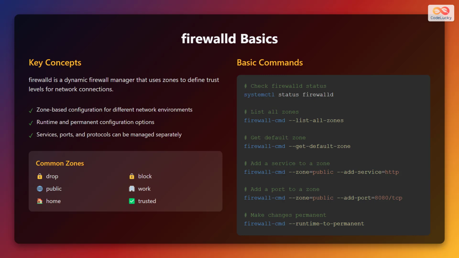To add a service to a zone, use firewall-cmd --zone=public --add-service=http. To add a port to a zone, use firewall-cmd --zone=public --add-port=8080/tcp. To make changes permanent, use firewall-cmd --runtime-to-permanent.